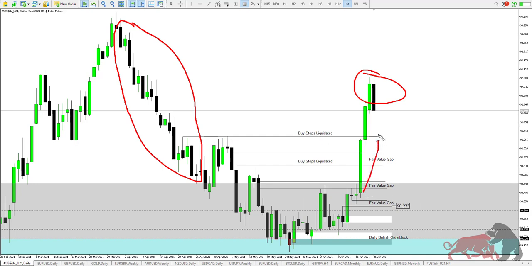Now, this momentum to the upside was basically the message we got from the Federal Reserve. And this momentum has set us up for the next 2 to 3 months. Now, why do I say it has set us up for the next 2 to 3 months? We're basically going to see probably a market structure like this in the coming 2 to 3 months, or the next quarter, right?